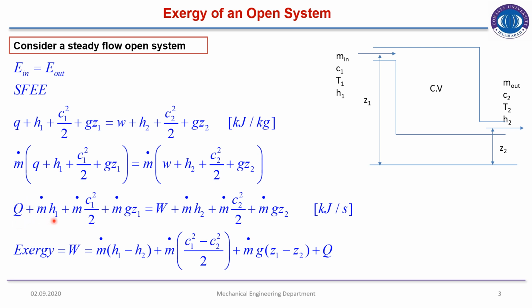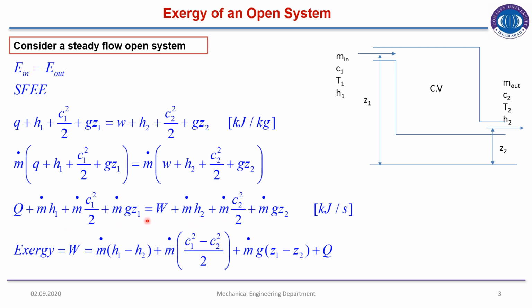So it's the mass flow rate times the inlet enthalpy, plus mass flow rate times the kinetic energy component at the inlet, plus mass flow rate times the potential energy component at the inlet, plus work W, the amount of work that is taken out or input in the system, plus mass flow rate times the enthalpy at the exit, that is H2, mass flow rate times the kinetic energy component at the exit, plus mass flow rate times the potential energy component at the exit.